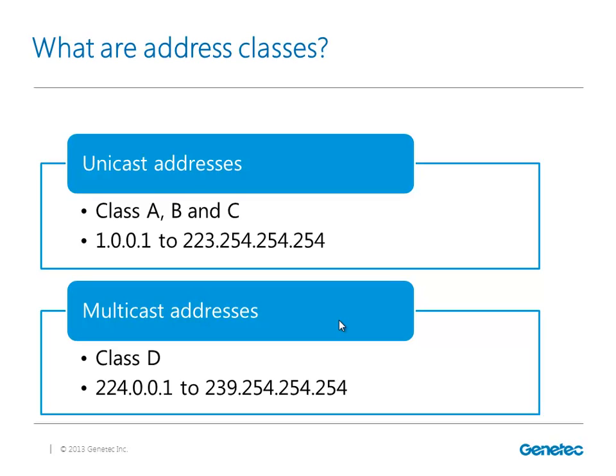The other range we need to keep in mind are Class D. These are reserved for multicast transmissions. And Class D represents the range of IP addresses from 224.0.0.1 up to 239.254.254.254.